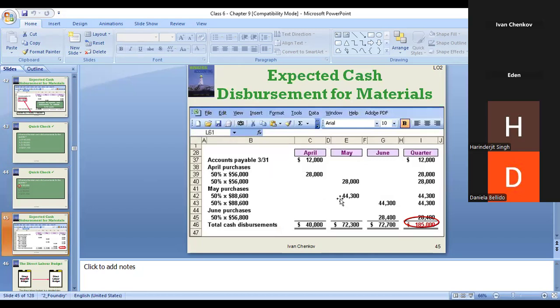So once we do all the calculation, we're going to see that for the entire quarter, we have to pay $185,000. Again, 28,400 is going to remain outstanding, and it's going to be accounts payable at the end of the quarter, which has to be paid in July.